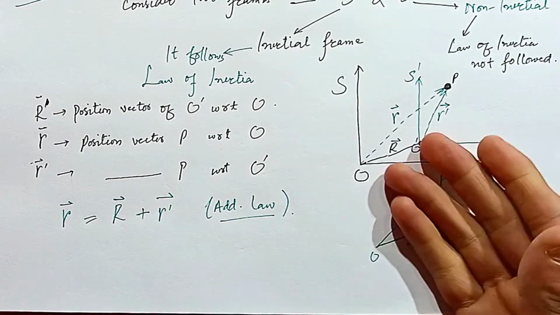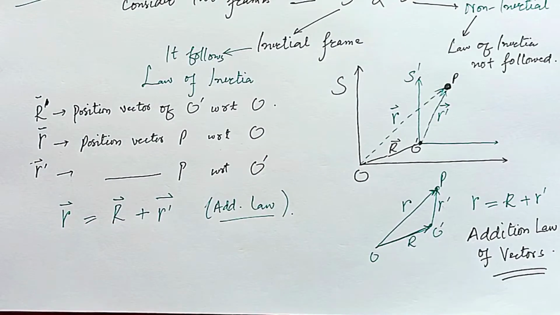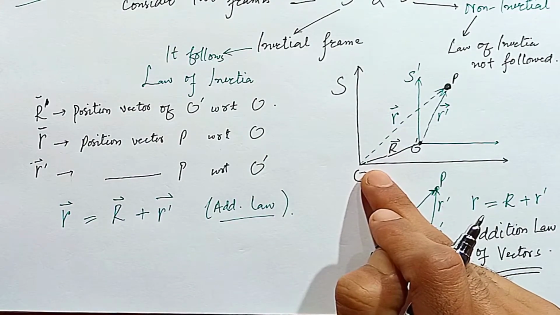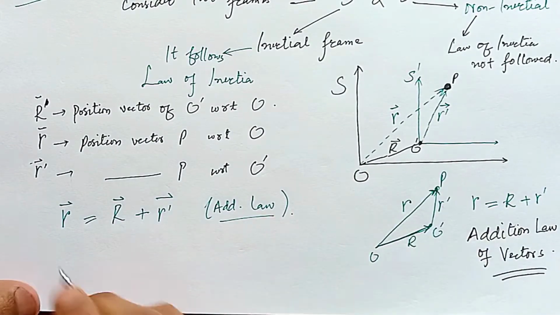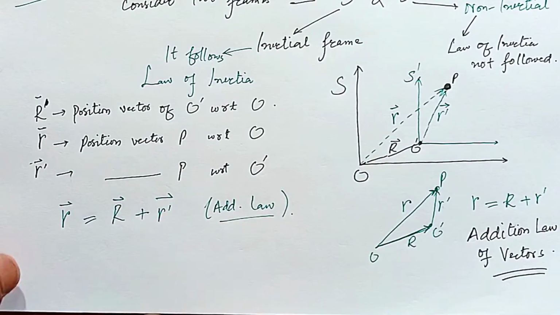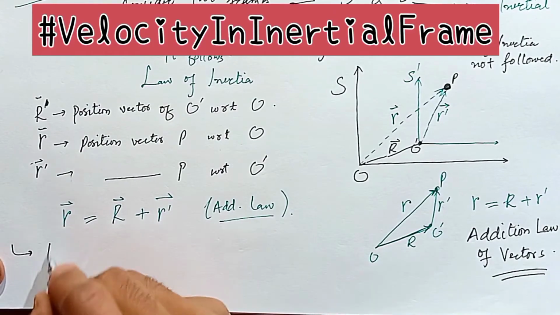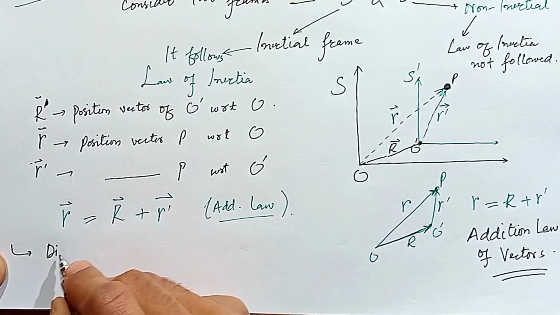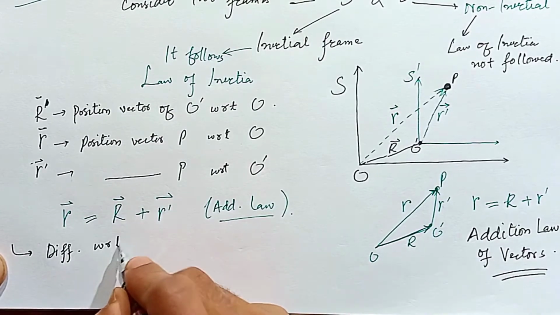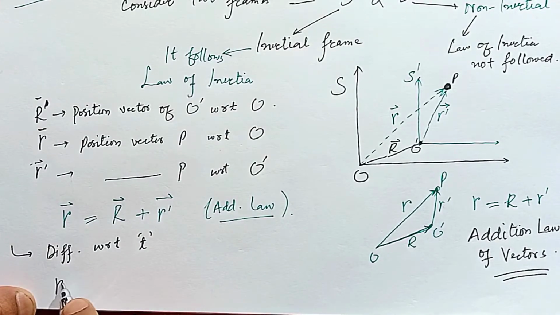To get that acceleration, we know the acceleration is the double differentiation of the position vector. With respect to O, the inertial frame of reference, we will calculate the acceleration of this body, and for that we have to differentiate twice with respect to time. First of all, we differentiate this equation with respect to time.